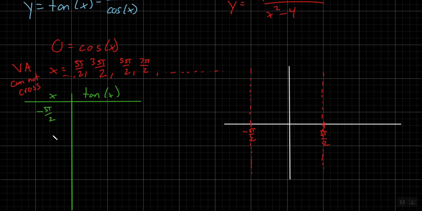What's the next one you want to do? Pi halves would be my last one. In the middle will be 0. And then we'll do negative pi fourths and pi fourths. So what is tangent at negative pi halves?